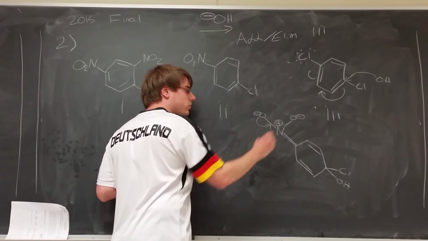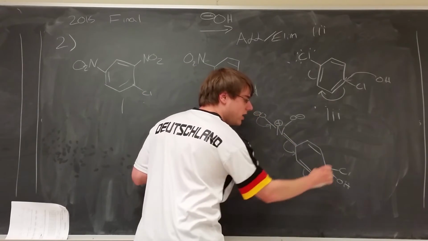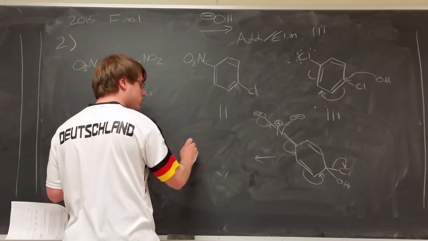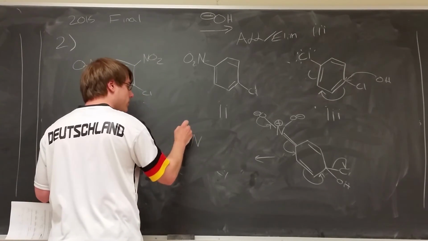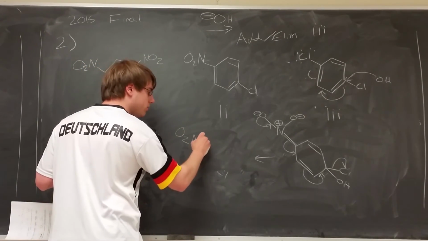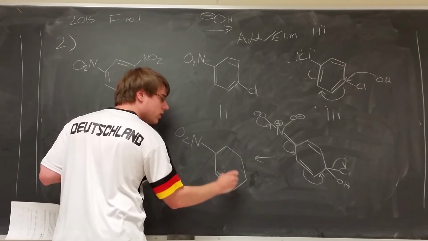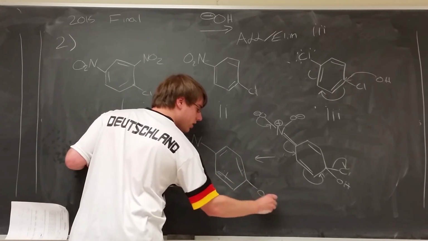Now, as far as how this reaction finishes, just for completion's sake, one of those O minuses will swing back down, and the electrons are going to resonate, reforming the benzene, but now the chlorine gets kicked out. So your final product for each of these rings would be where the chlorine is replaced with the OH. So for 2's case, this would have been the final product.